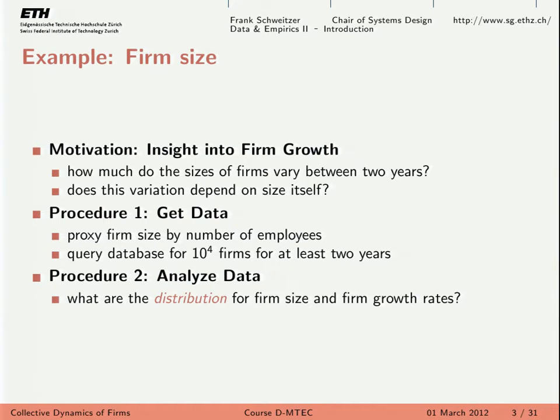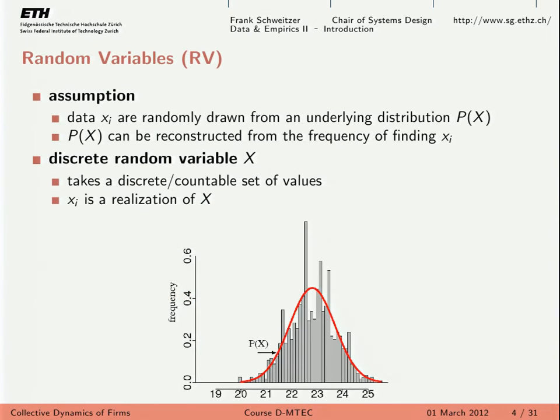So we assume that the data that is given to us in this little data file that we provide today is drawn from a distribution. So that's a random draw. There's a distribution underlying this data.